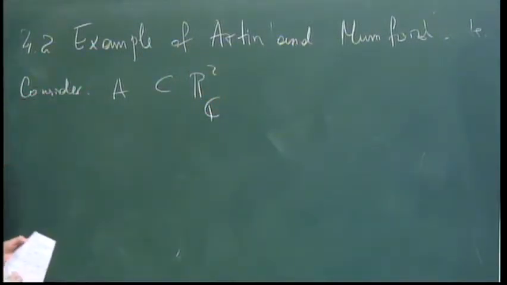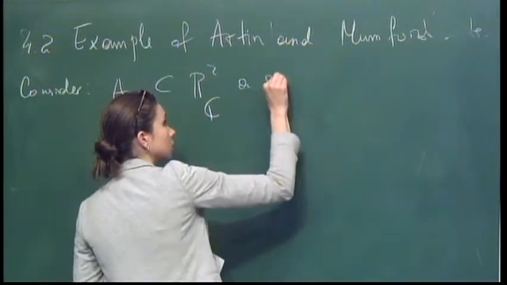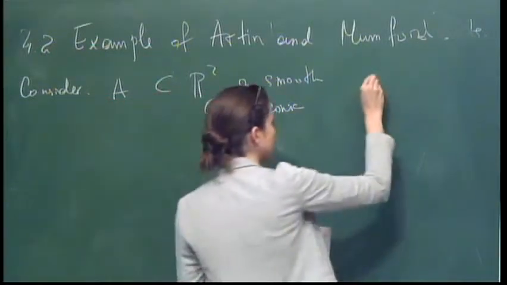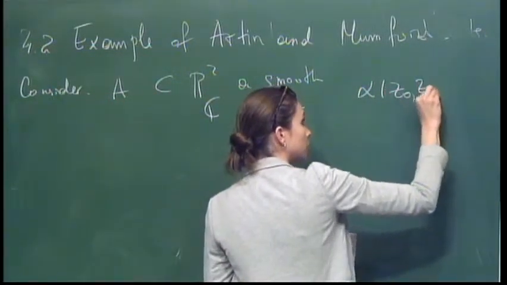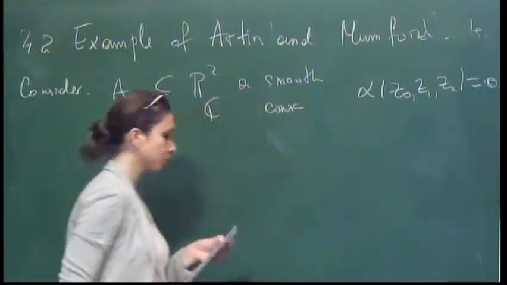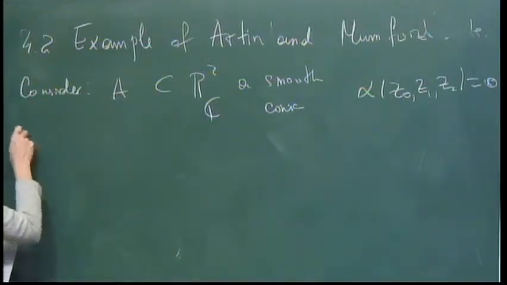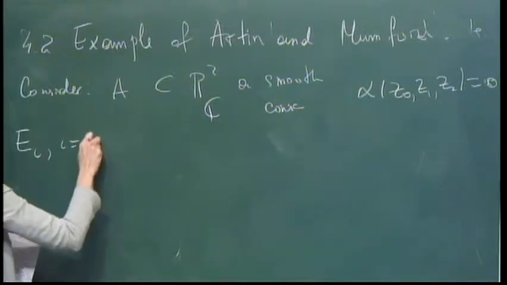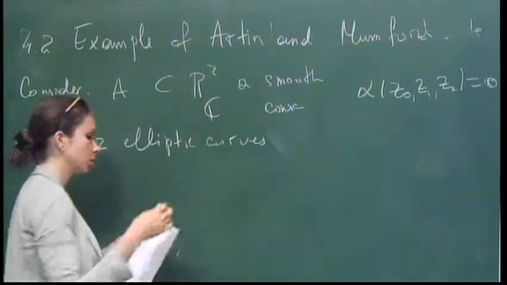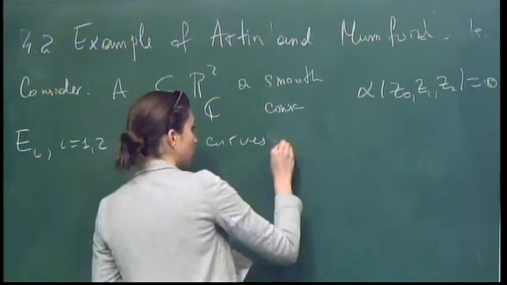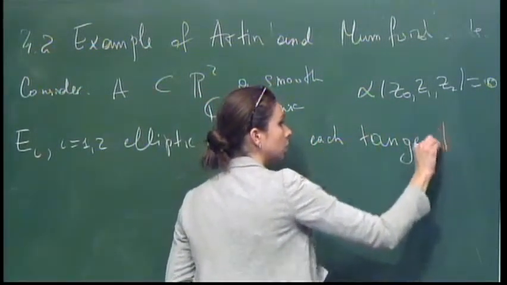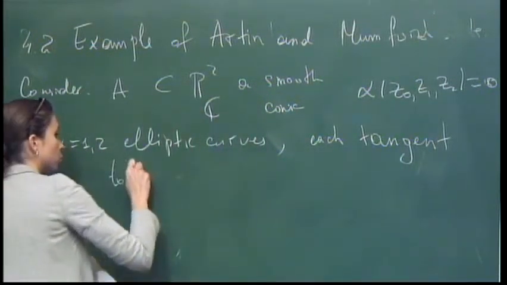In P2, we take a smooth conic, which I denote as the conic given by the equation alpha equals 0 in the 3 coordinates of P2, with alpha of degree 2. Then we pick 2 elliptic curves E1 and E2, special with respect to this conic, such that each is tangent to A in 3 points.